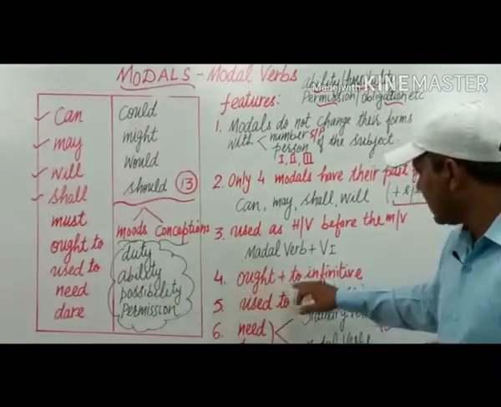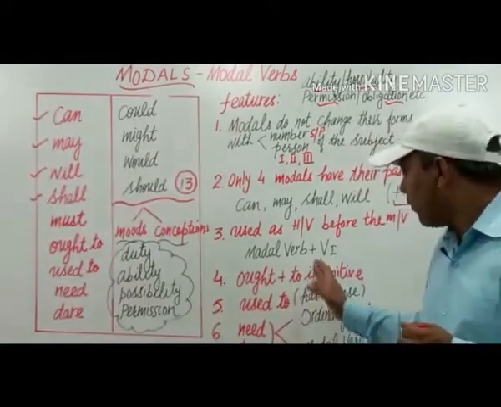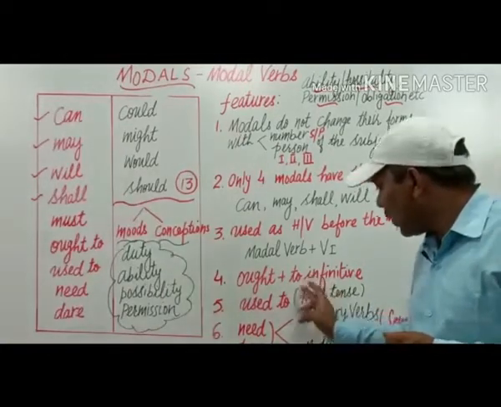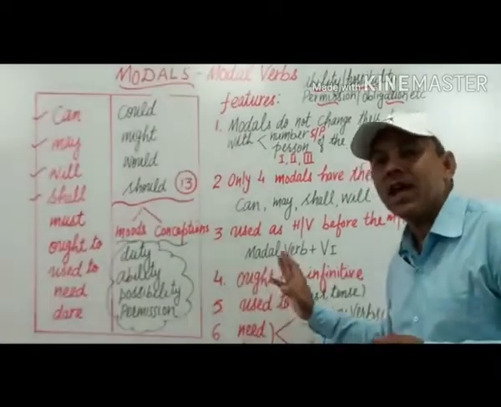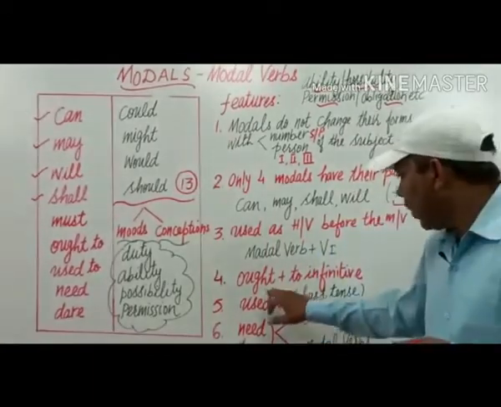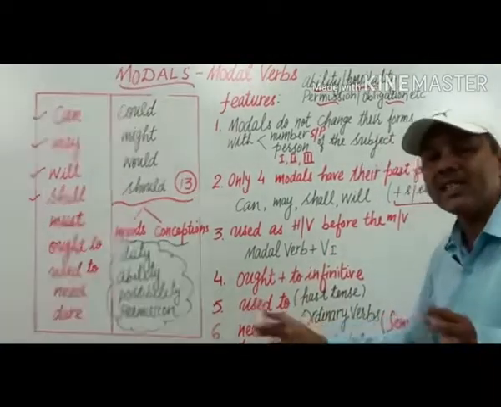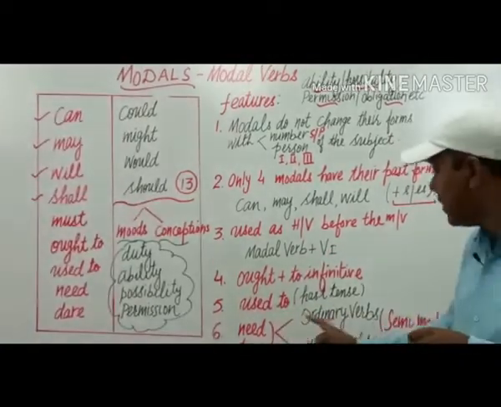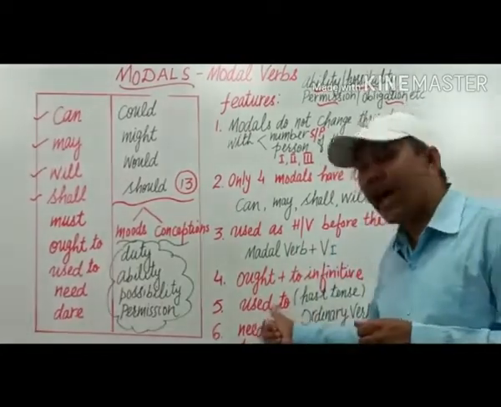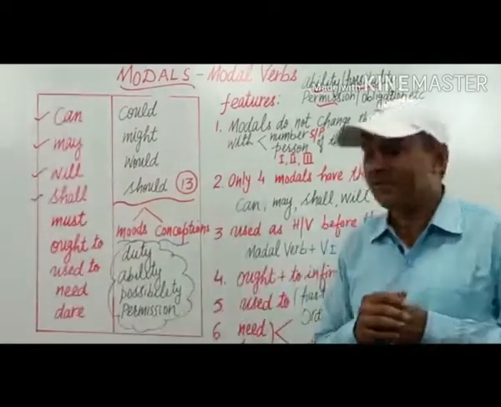Fourth is ought and used. These two modals are followed by to, or to is preceded with used and ought as modals. Ought plus to infinitive means to V1, and used to is a different modal verb which is used in past tenses only to express the habit of someone, habit of past.